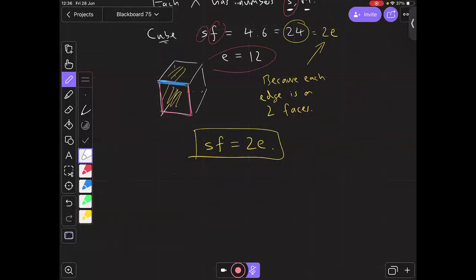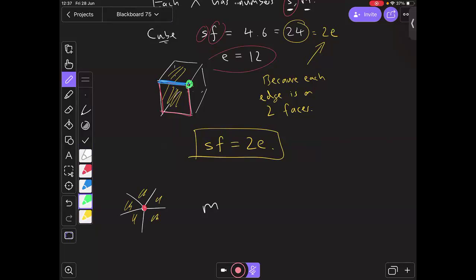Now let's consider, so remember what M was. M was the number of faces that met at a particular vertex. So there's your vertex, and you have faces meeting at the vertex. There's the faces like that, and there's the vertex here, right? So M is the number of these faces. Does that make sense? So what's M for the cube? 3.